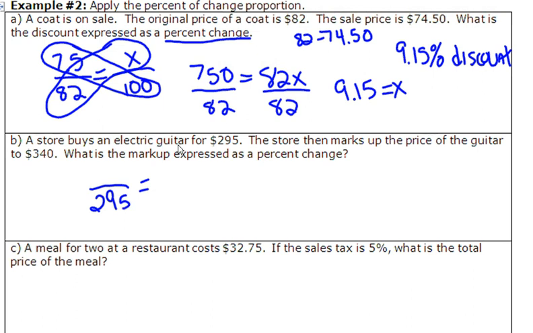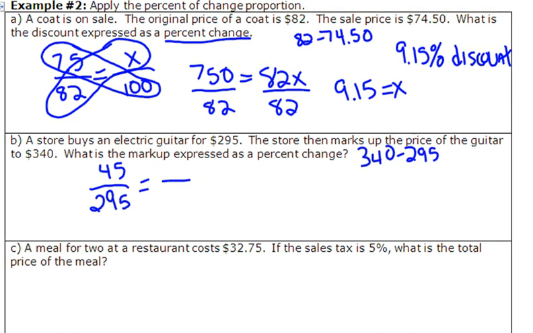They then mark up the price of the guitar to $340. We're not putting $340 on top, we're putting the change. So to find that change, I would take 340 minus 295. So I get $45. So that's what goes on top, that's the change.